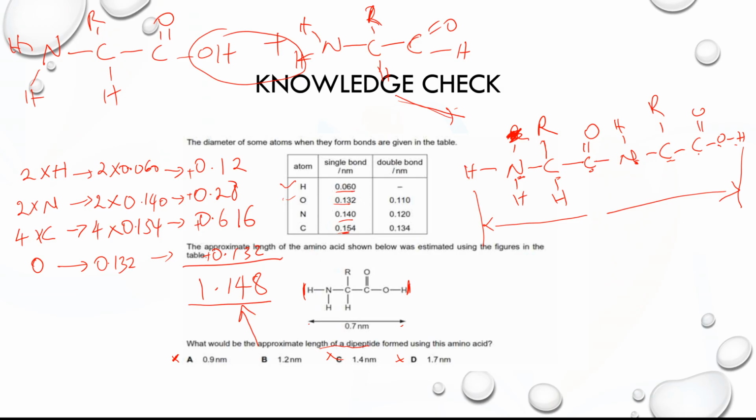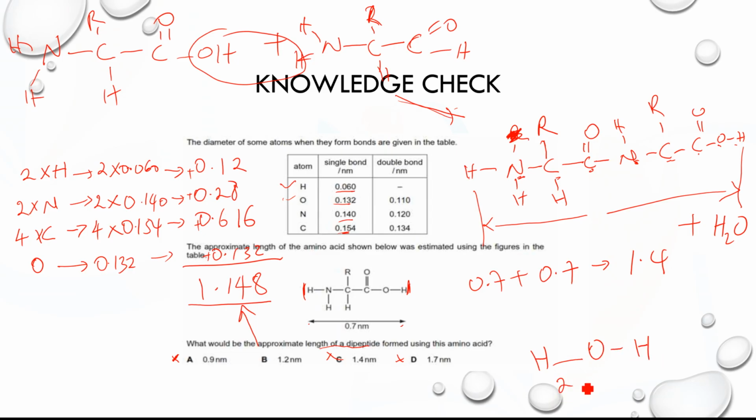Now, another way you can do that: since one amino acid is 0.7, you can just add up 0.7 and that gives 1.4. Minus water, because we're removing water during this condensation reaction. Water is hydrogen, oxygen, hydrogen.